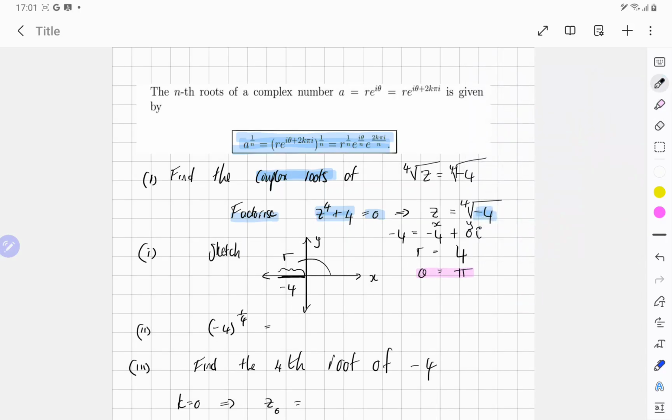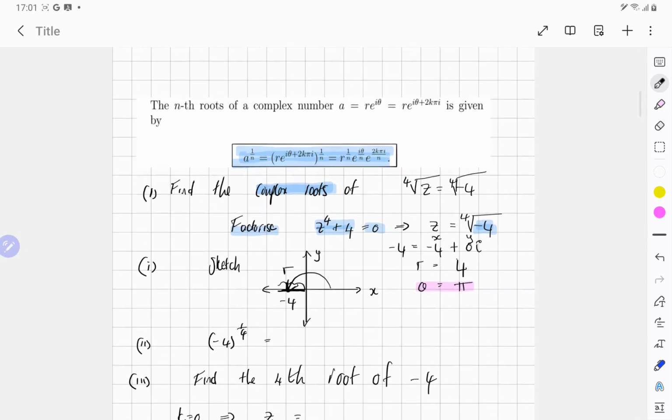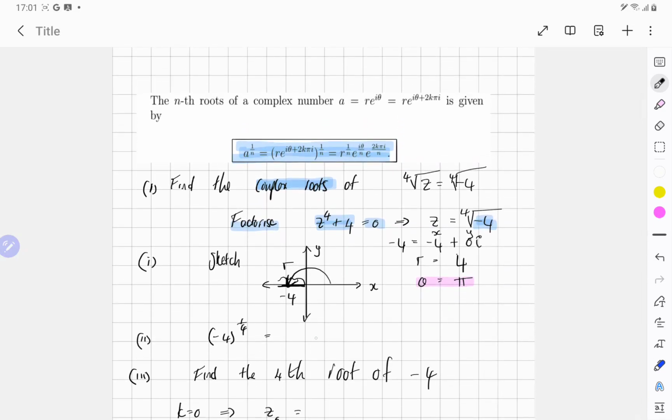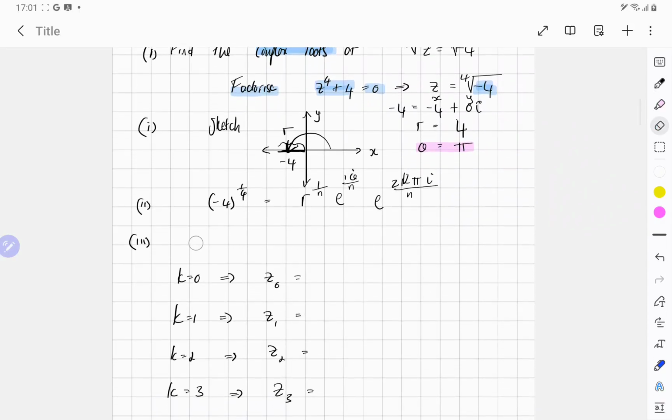Because we are working in the second quadrant. So, for the 4th root of negative 4, we are going to use this formula: r^(1/n) e^(iθ/n) e^(2kπi/n), where n is equal to 4, θ is equal to π, and r is equal to 4.